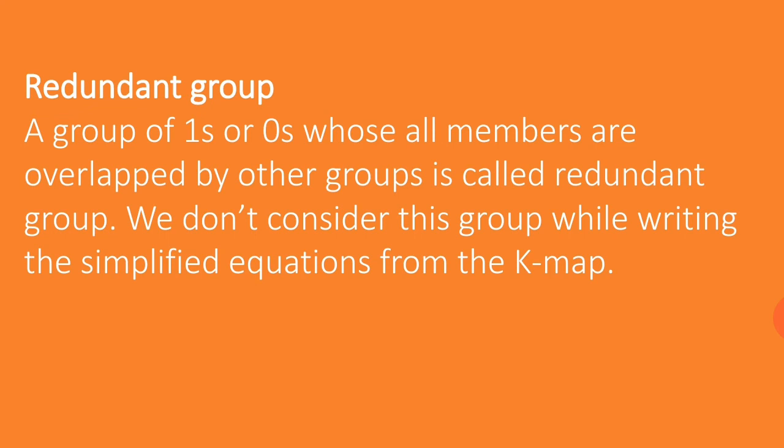So this is a very unique group whose ones or zeros are all occupied by other groups. Just to avoid repetition, because the members of the group have already gone to other groups, we don't include that redundant group in the final reduced SOP or POS expression. You'll get a clear idea of this through the example.